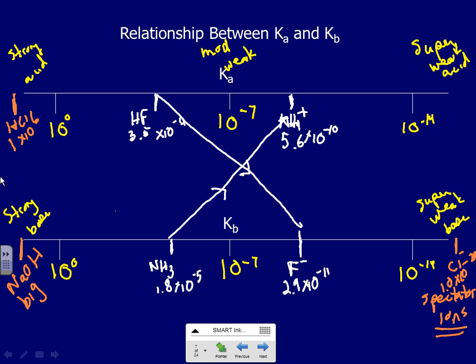I'm just going to say that it's really big. It's going to have them all fall off. Which means, where does the conjugate base sit? Or sorry, conjugate acid. Yeah, way over here. What is the conjugate acid of NaOH? The Na. Very good. Na plus.